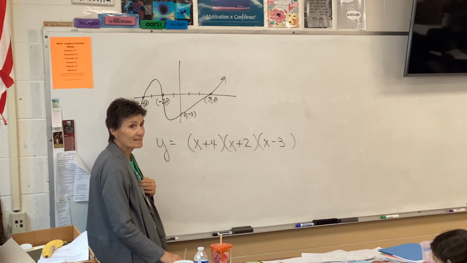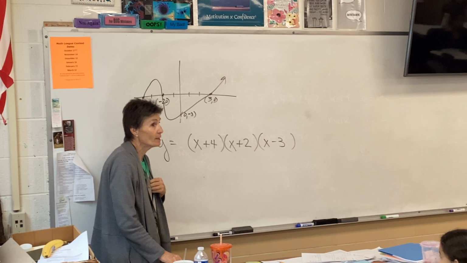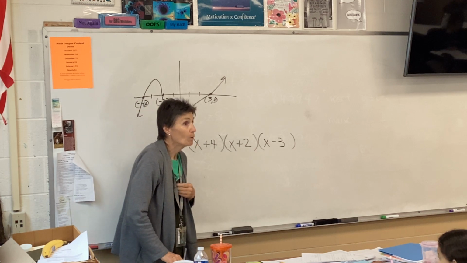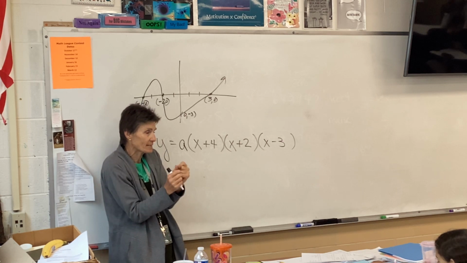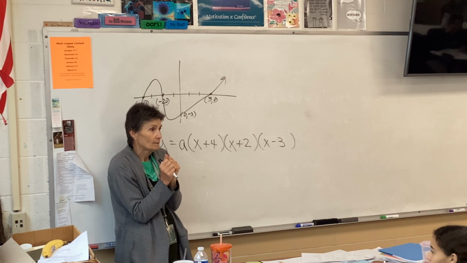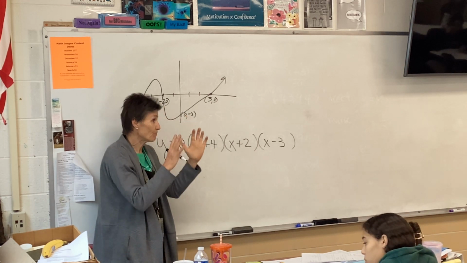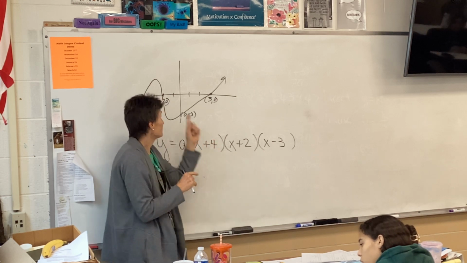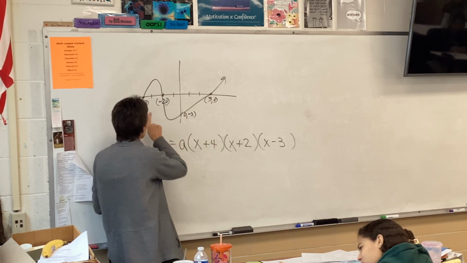Now, what is the next thing that I probably should pay really close attention to? Titus? Now I'm gonna find A, but before I do that, there's something else I need to check on, because this will impact A. If I have any bounces. So after you build your factors from these points, look at your picture.